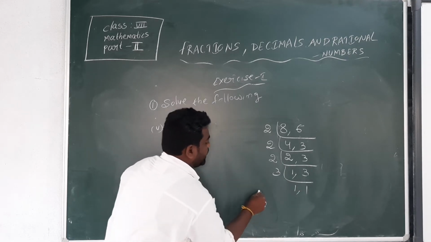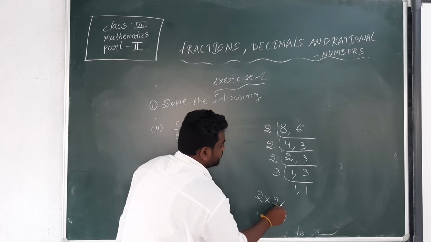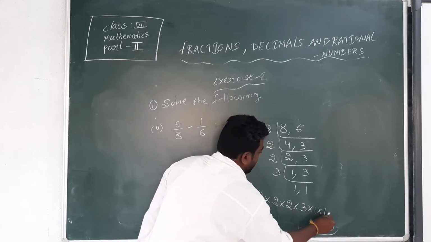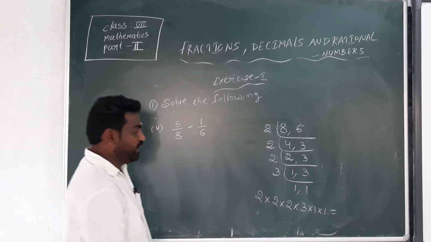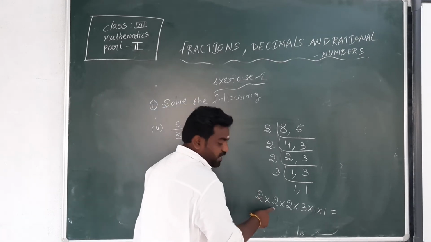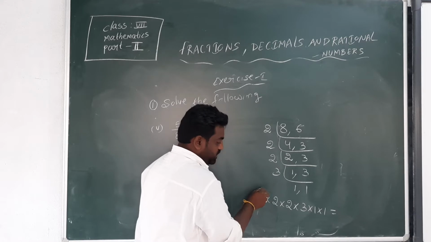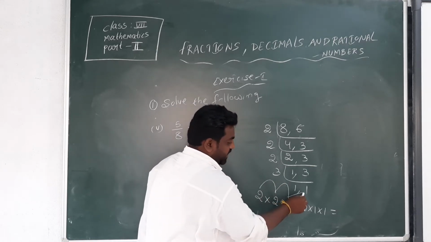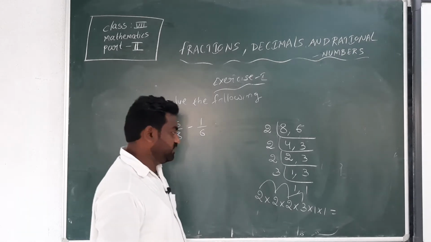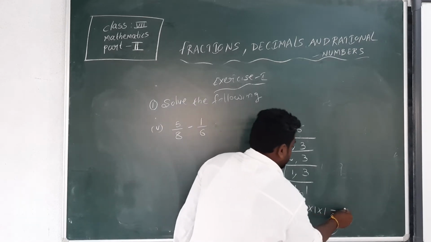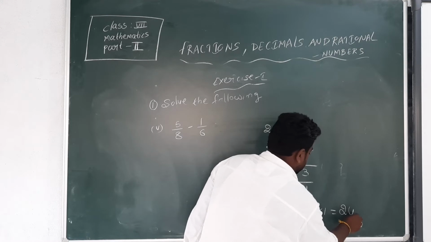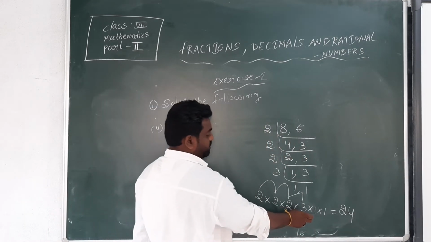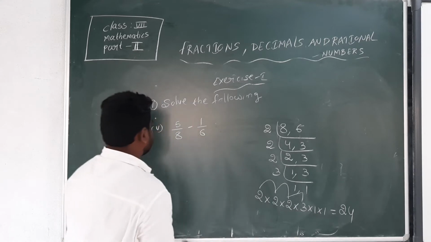So 2 into 2 into 2 into 3 into 1 into 1. Multiplication: 2 twos are 4, 4 twos are 8, 8 threes are 24. Okay.